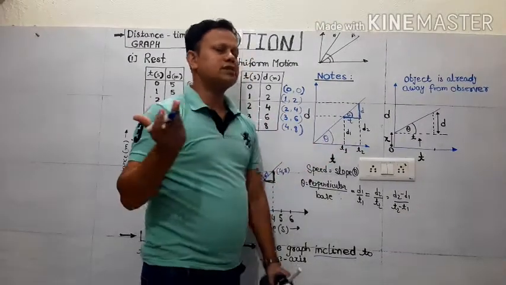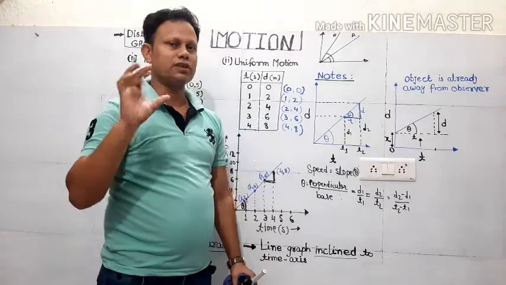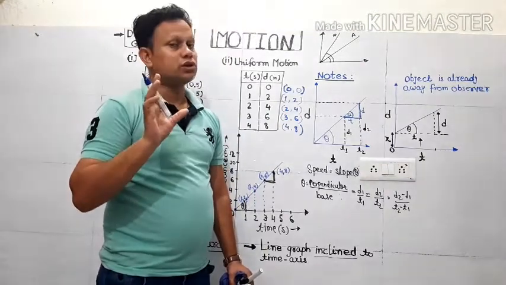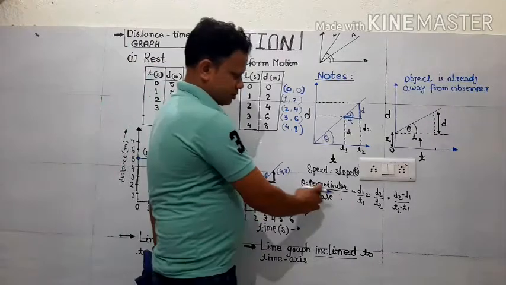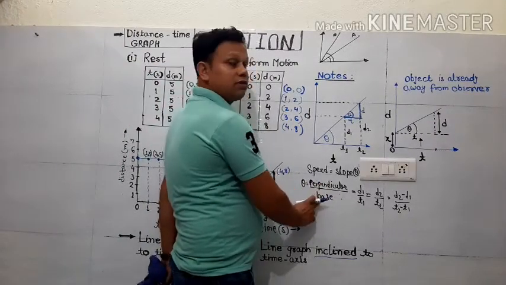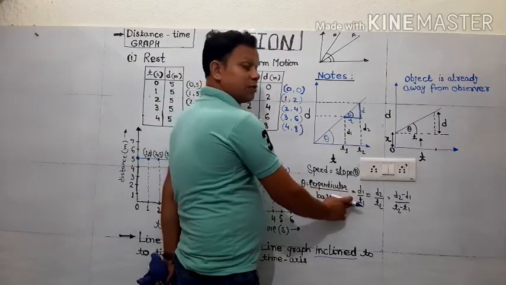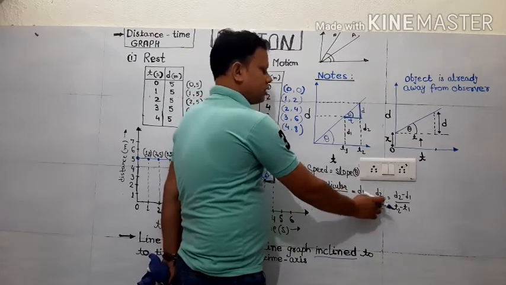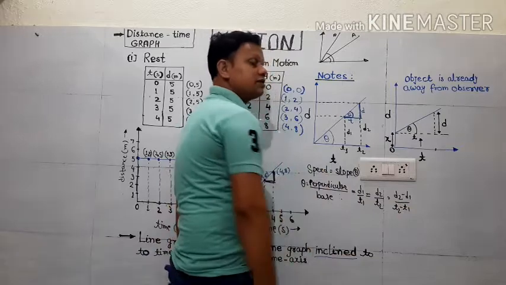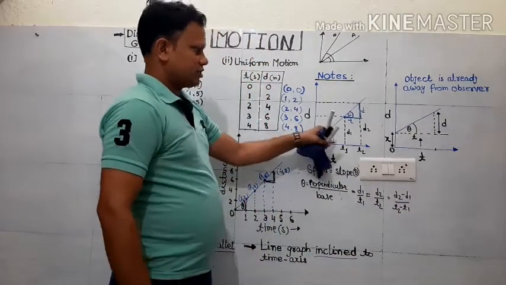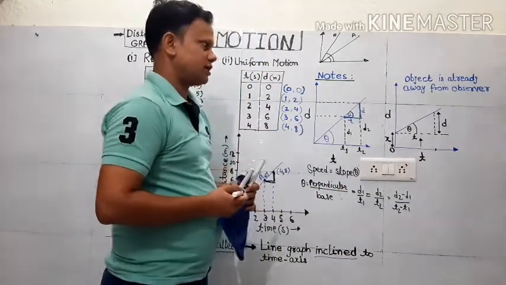So it doesn't matter which part you are taking for distance and time, the value is not going to change, because it's a situation of uniform motion. So this has been shown. Theta is equal to perpendicular by base. So you can find out by d1 by t1, d2 by t2, or for a particular interval of time, d2 minus d1 by t2 minus t1 also. So this represents the speed of the object.